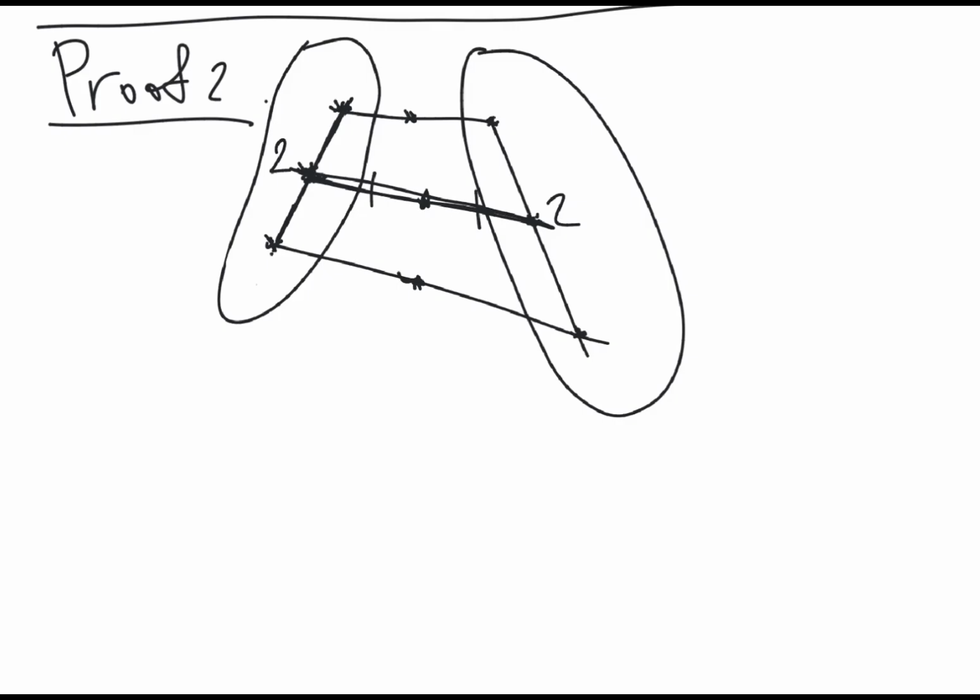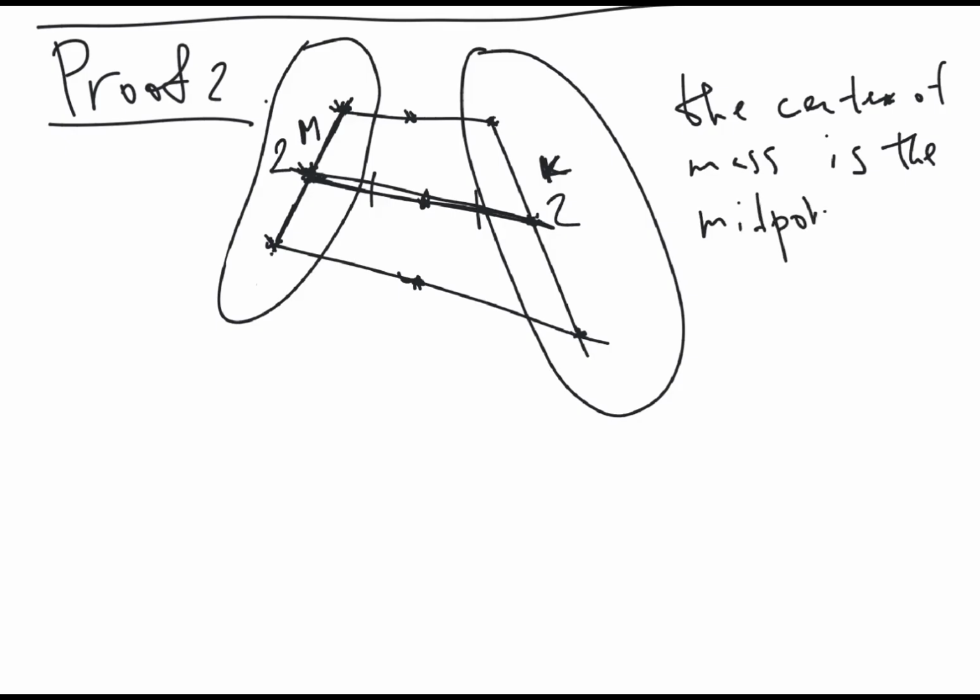So if we recall the notation, this is point M, this is point K, and P was denoted as the intersection point, so we don't have it here, but the center of mass is the midpoint of MK.